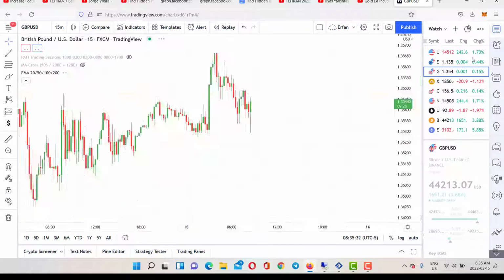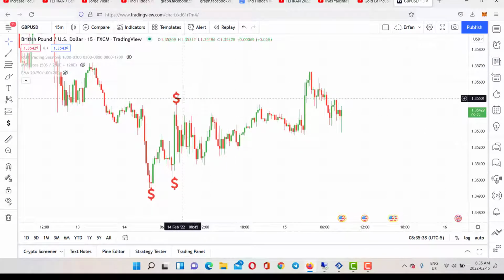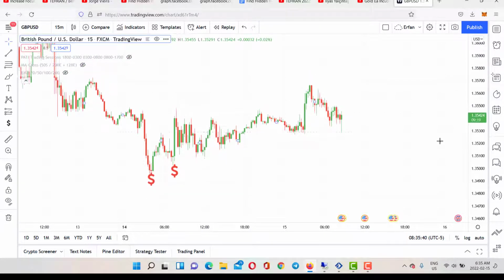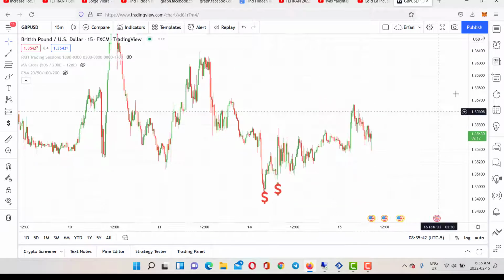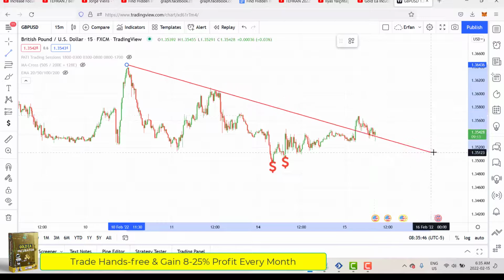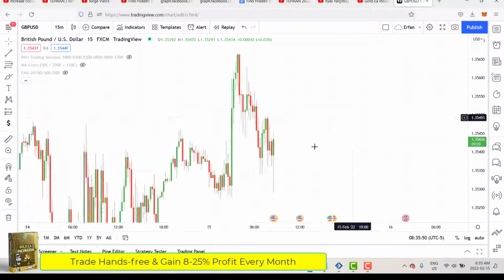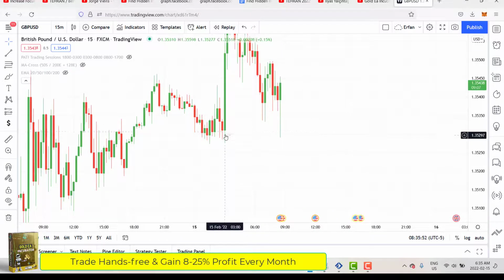So GBPUSD, as you can see, let me just turn off this 50 EMA here. The liquidity is already grabbed here, so it was for yesterday, and I'm in a 15-minute time frame. It's kind of choppy, but overall I think we have a downtrend market. And we had this high probability order block right here.